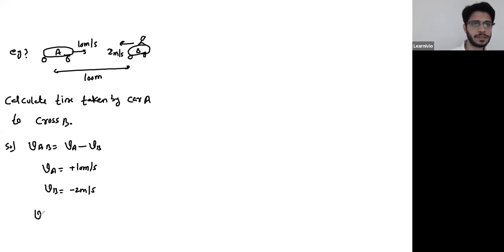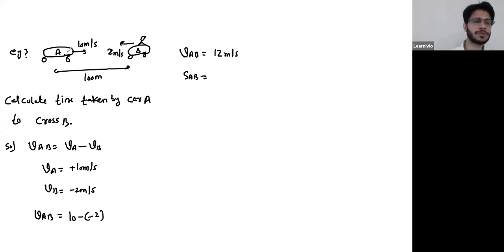So if I consider VAB, yes, Fatma, you are correct. That's 10 minus -2. So your VAB comes out to be 12 meter per second. So that's relative velocity of A with respect to B.